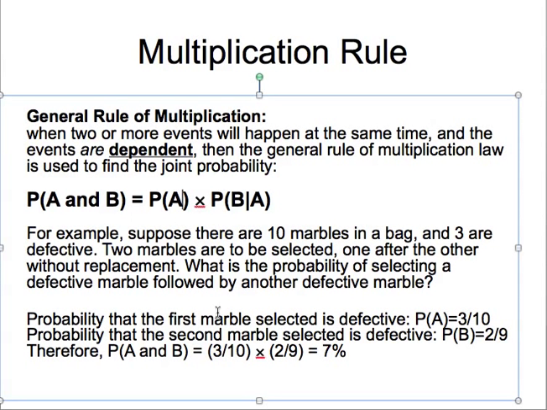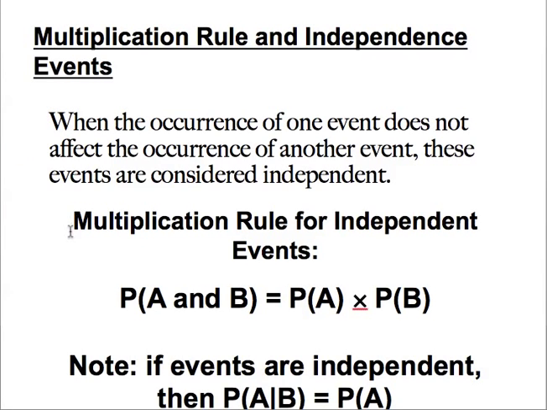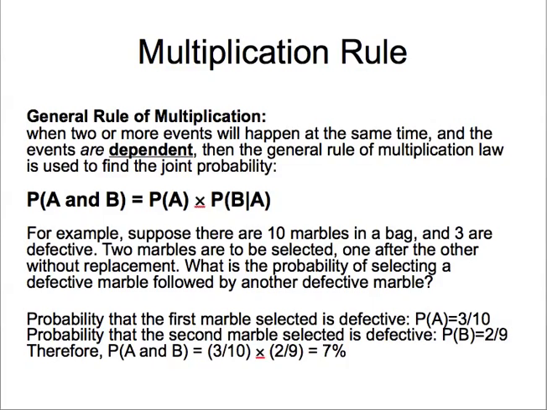Okay, now this is when the events are dependent on each other. And we're going to look now at the multiplication rule when the events are independent of each other. Independent events are when the occurrence of one event does not affect the occurrence of another. Now, previously, in the example that we looked at, because you did not replace the marble, it affected the probability of selecting the other marbles.